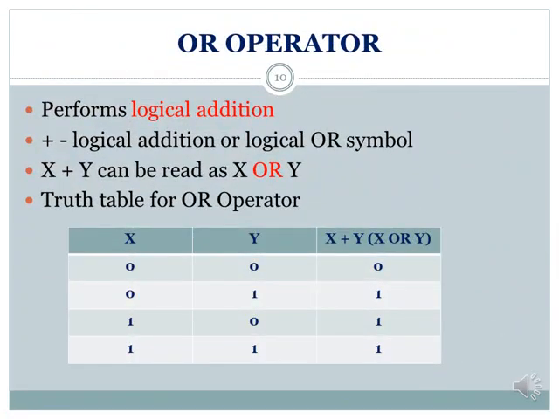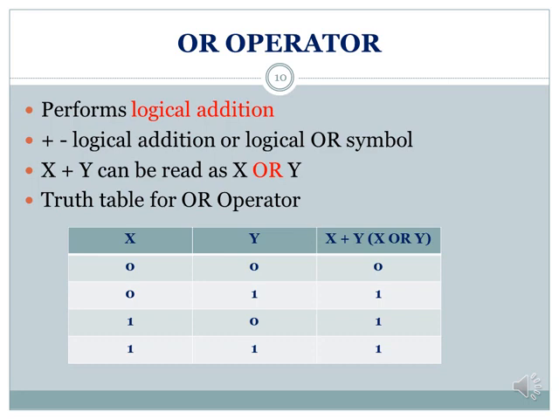Next is the OR operator. The OR operator basically performs logical addition. The plus symbol is used to represent logical addition, or it can be represented with the help of the OR symbol. So x plus y can also be written as x OR y. Here is the truth table for the OR operator. x and y are the logical variables which hold all the possible combinations of input, and x plus y provides the logical addition result.